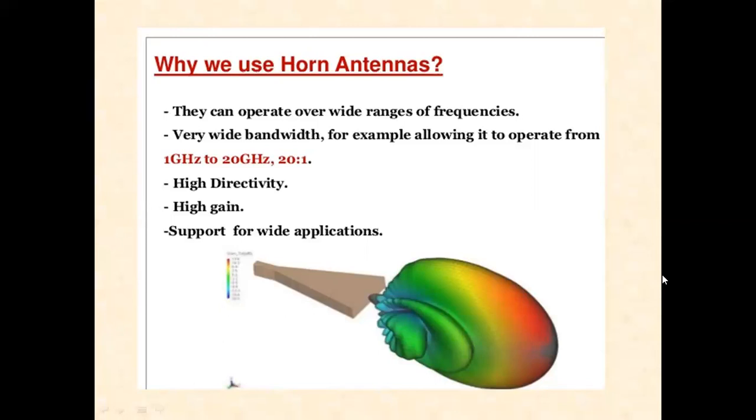It can be used as a communication transmitter and receiver, microwave receiver and transmitter antenna, because of its directional properties, operating over a wide frequency range, very wide bandwidth, high directivity, and high gain. Because of all these properties, it can be used as a microwave directional antenna.